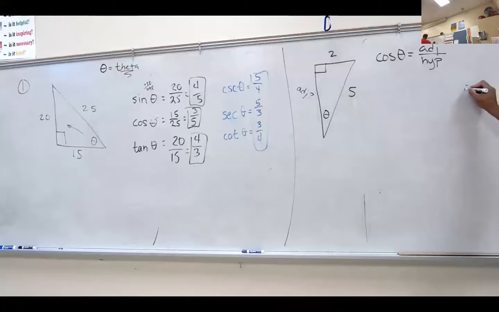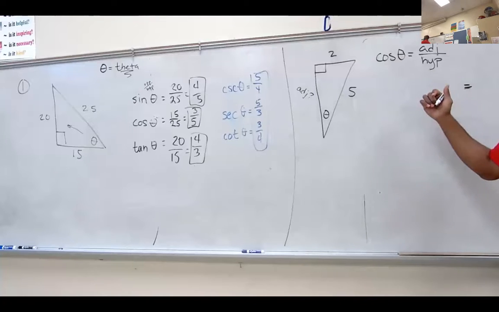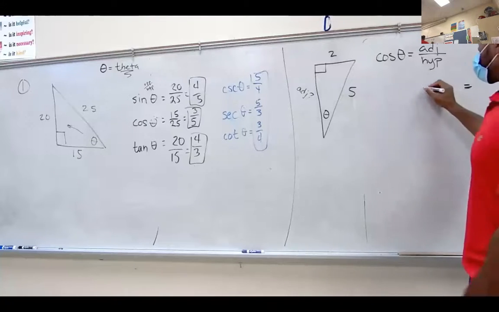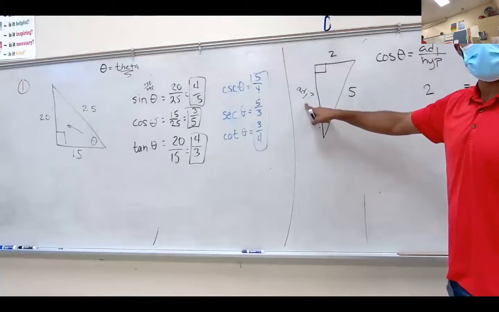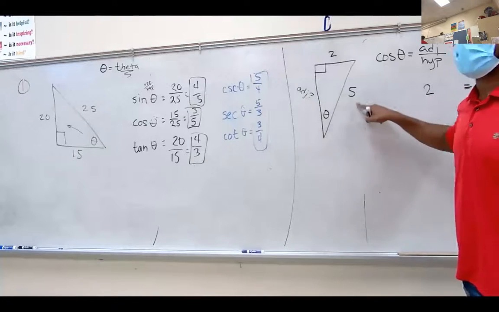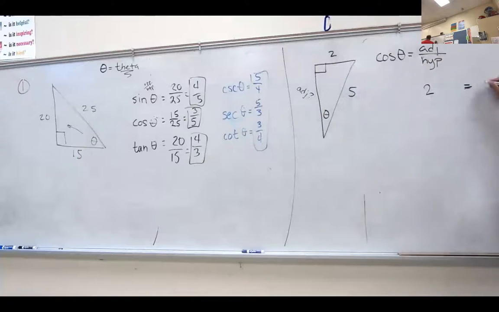What's my A and B? 2 and B. B or A or whatever you want to call it, because remember that the hypotenuse is your C, it goes on the other side. So 2 squared plus B squared equals 5 squared. Now we've got to solve for B.